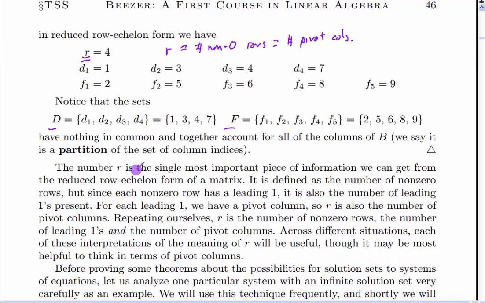Now, this number R, which is the size of D, another way to write this is R is equal to absolute value of D. That means R is the size of D. This number R tells us a lot. As I mentioned before, it's the number of non-zero rows, and it's also the number of pivot columns.